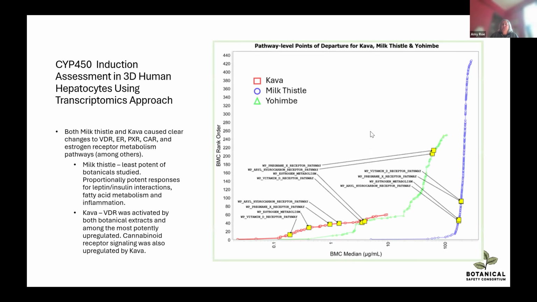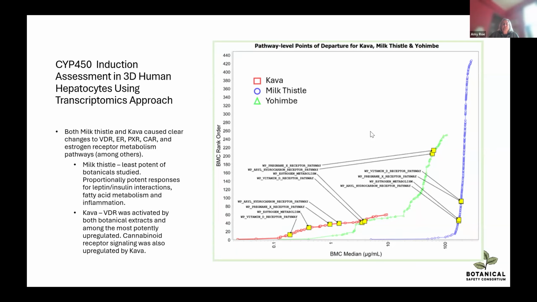Now, Steve also looks at induction using a transcriptomics approach. He's looking at various genes for things like PXR, CAR, and the regulatory mechanism of induction. What you see here is an interesting way to just look at potency of induction based on gene expression.